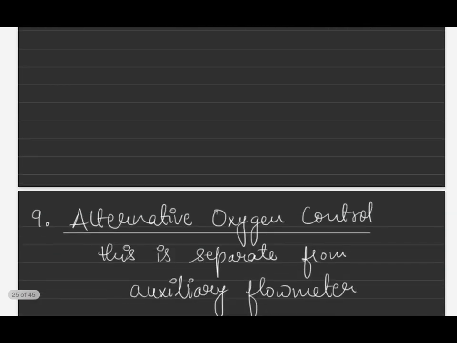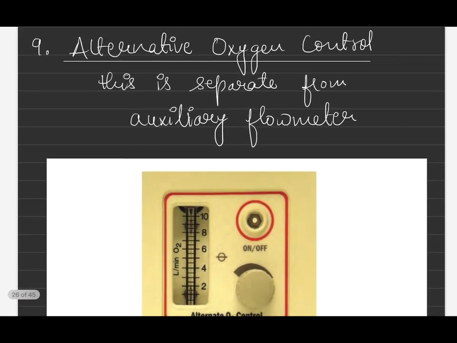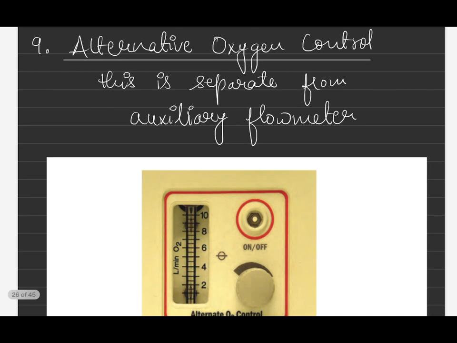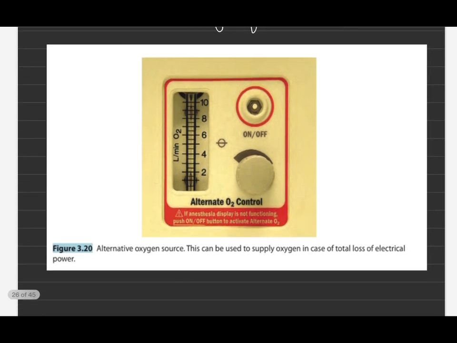After discussing flow meters and flow control knobs, there is an alternative oxygen control in some machines, which comes in the intermediate pressure system, and it is separate from an auxiliary flow meter. It is also used in emergency situations.